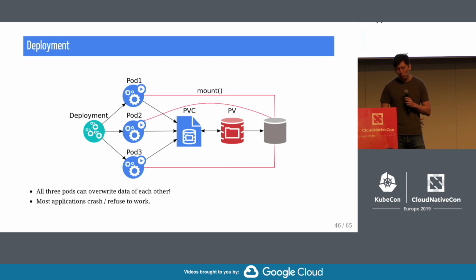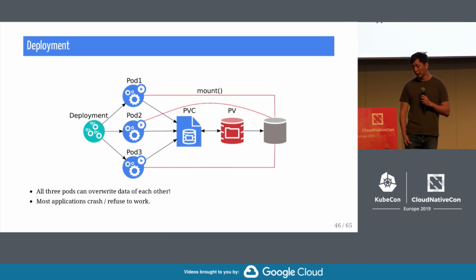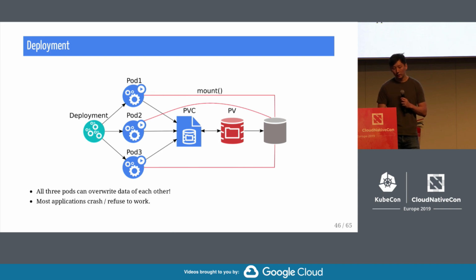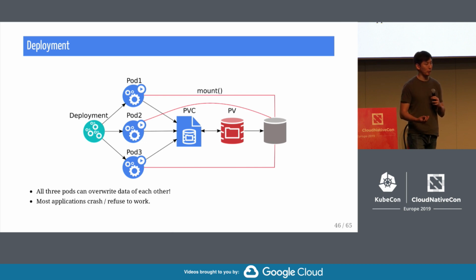And you might already have some clue as to why this might be a problem, right? So all 3 of these pods are writing to and reading from the same volume. Unless your workload is specifically designed to do this, it's very likely that they're going to overwrite the data of each other, right? And this generally causes applications to misbehave in different ways. We've seen crashes.